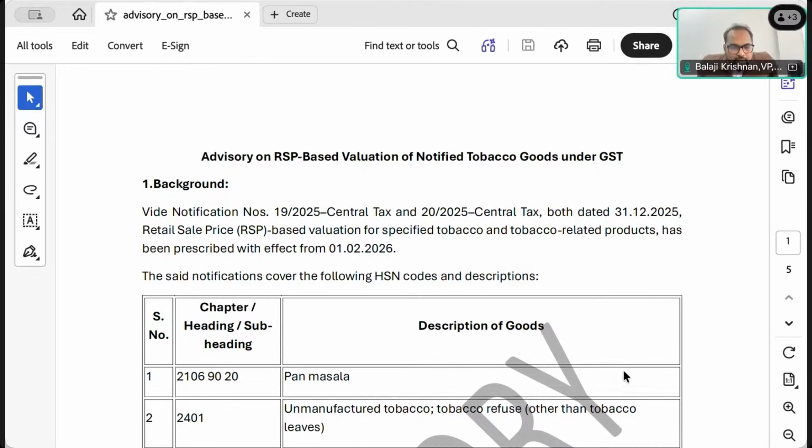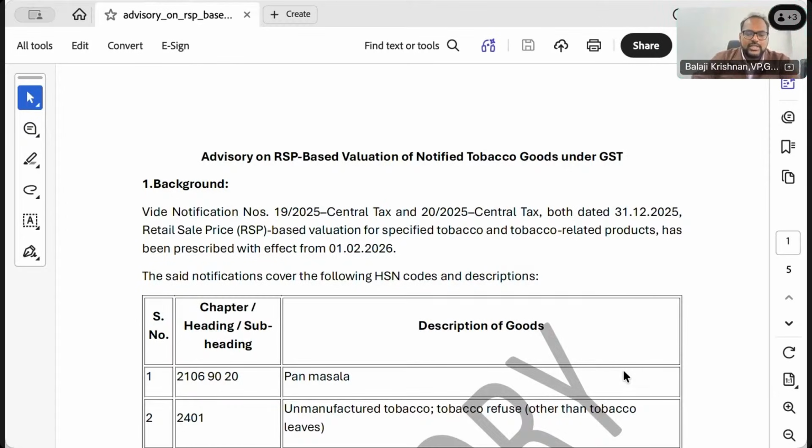Let me begin with why this advisory has been issued. GST valuation is generally based on the transaction value, that is the price actually charged between supplier and buyer. The government has issued two notifications, notification 19 of 2025 and 20 of 2025, wherein it has introduced retail sale price based valuation for certain specified tobacco and tobacco related products.